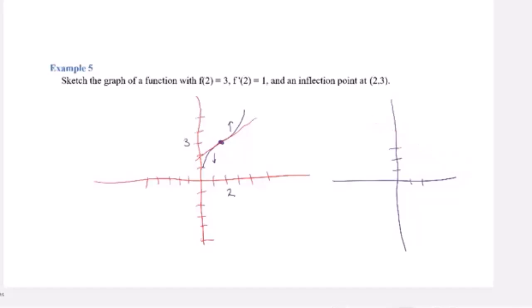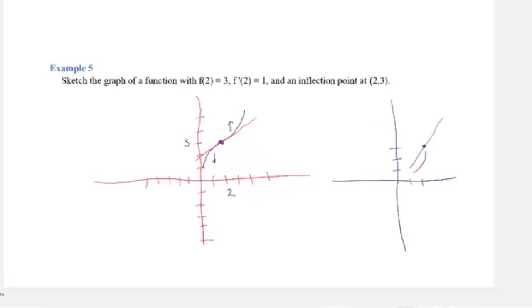What else could we do? Well, I know now I have to have at 2, 3, a function with the slope of positive 1. And I already have concave down to concave up. I want to have concave up to concave down. So let's see, this might work.